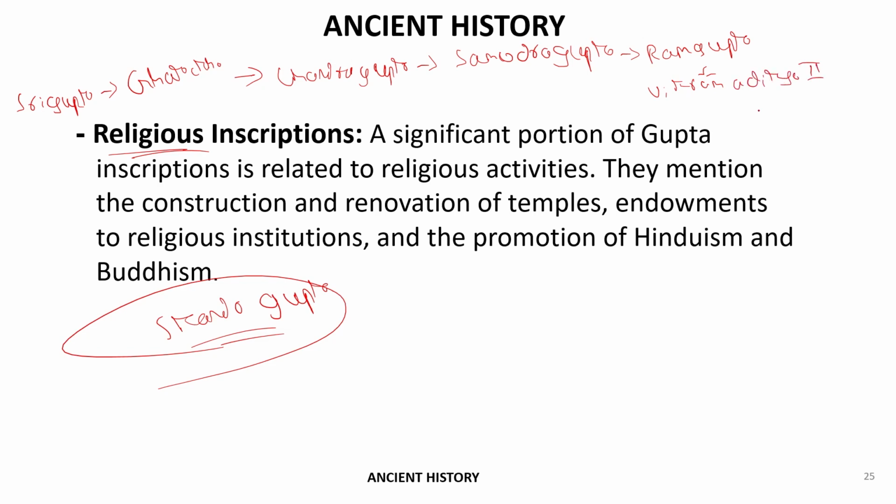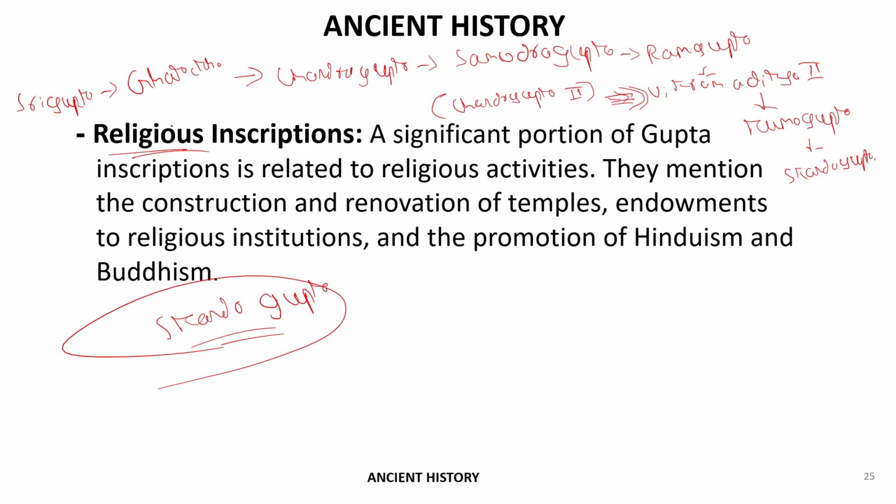Okay, Chandragupta II. Okay, Vikramaditya, after him Kumaragupta, and the last ruler was Skandagupta. Okay, so that is the royal lineage of the Gupta Empire.